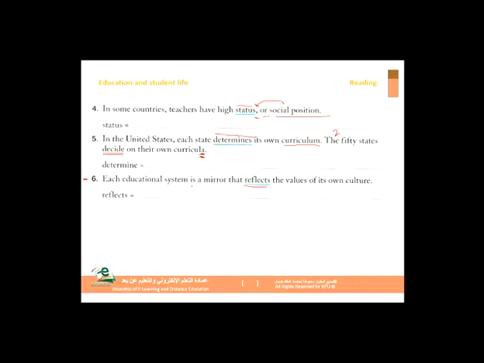So you might want to use a third clue that we used in the second lecture, or in the first lecture, I think it was the first lecture, and that is logic. Sometimes just by reading the sentence, I might not know the meaning of the word reflects, but I know the meaning of the word mirror, for example.